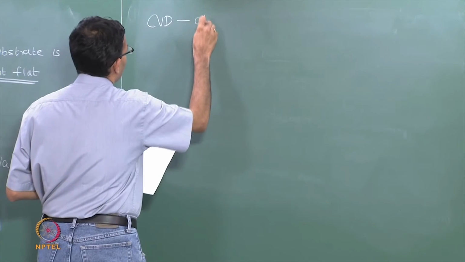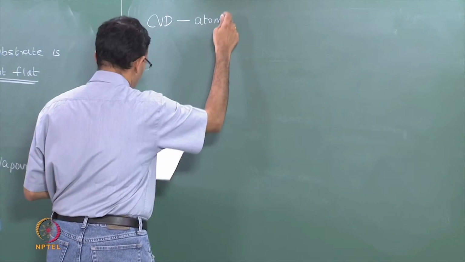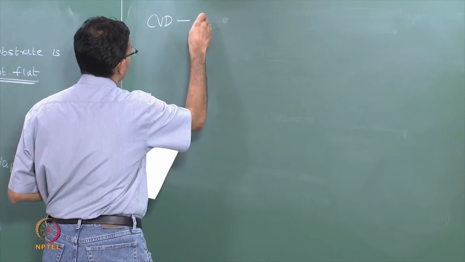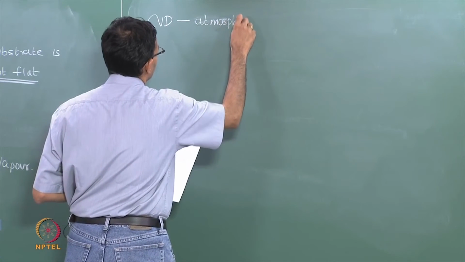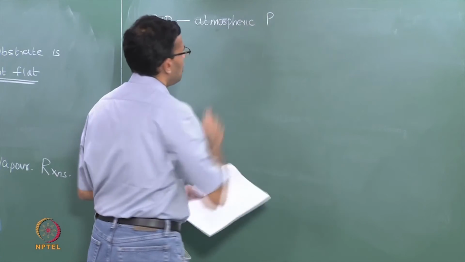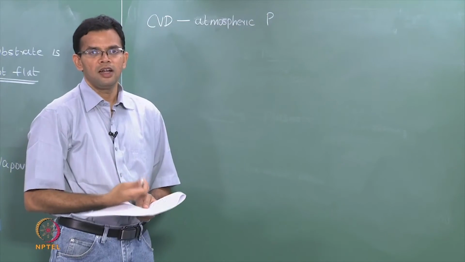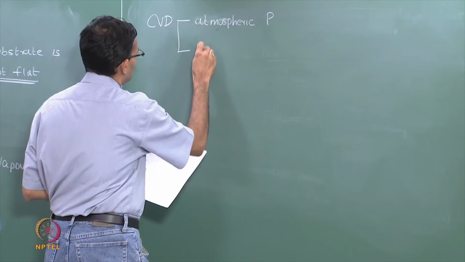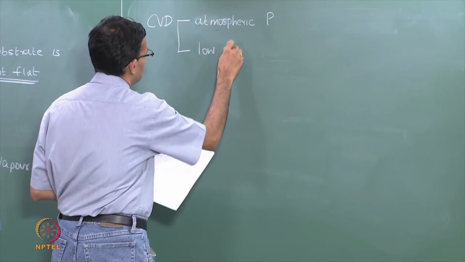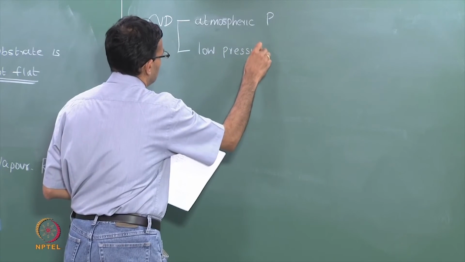The most common method is doing CVD under atmospheric conditions, so atmospheric pressure. You can also do CVD under low pressure. The growth rate is lower. This process is called LPCVD.